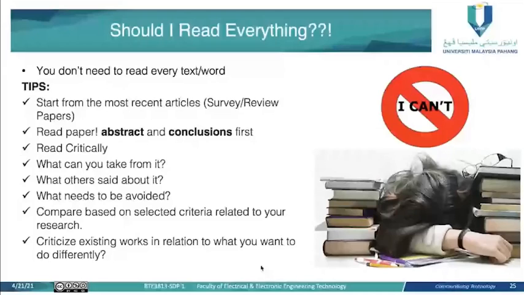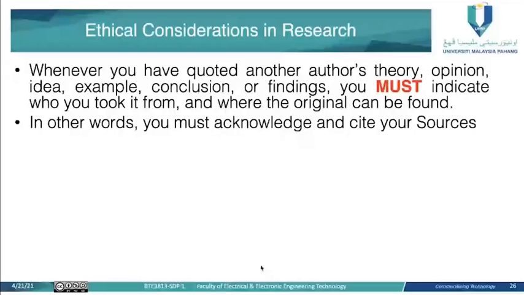Okay. There are some ethical considerations in research, especially when you write your chapter 2. In chapter 2, you are going to cite a lot of information from others: findings, theory, examples and ideas from other work. So you must indicate where you take these things from. As we mentioned, they must be from valid resources: research papers, journals, articles, books, but you must cite.